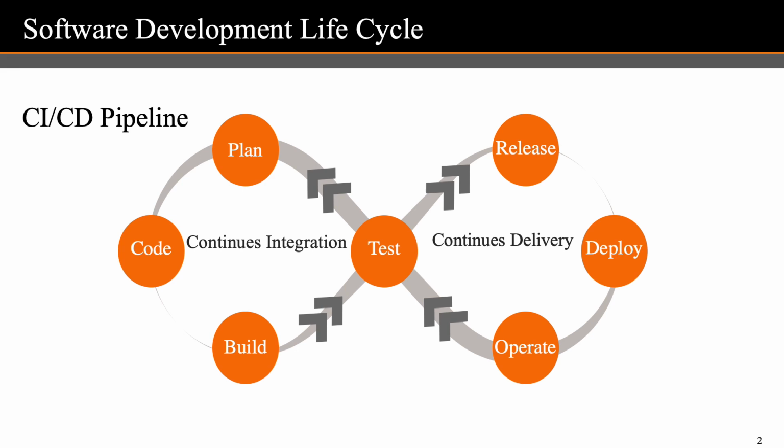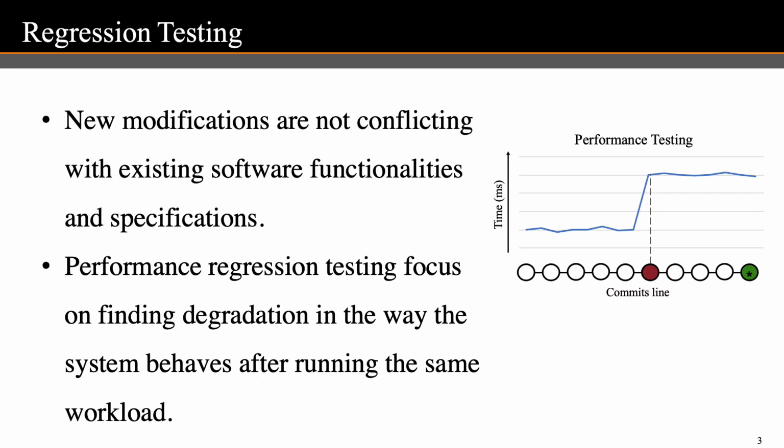As part of the testing process, several regression testing approaches were developed to accelerate the testing. Regression testing makes sure that new modifications or code additions are not conflicting with the existing software functionalities or specifications.